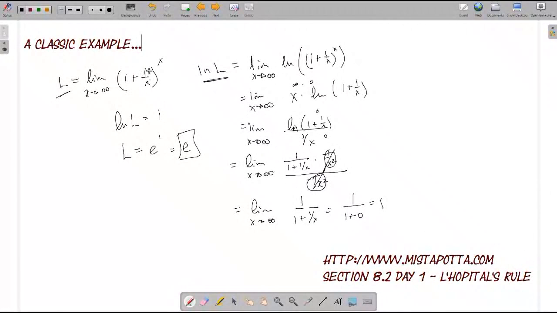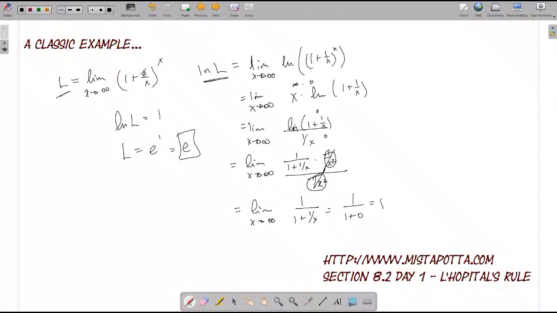But what I'm doing is I'm letting the number of subdivisions increase without bound, and the interest rate is being divided without bound. And we saw that this limit does give us the constant for exponential growth.